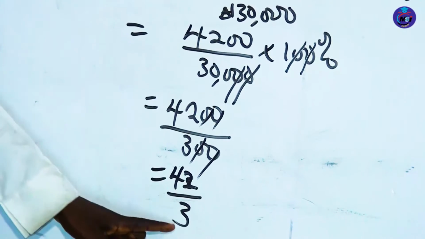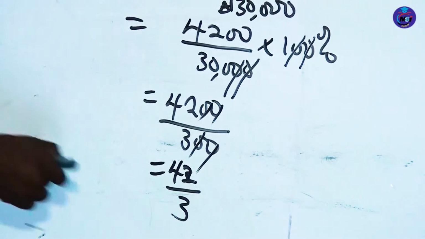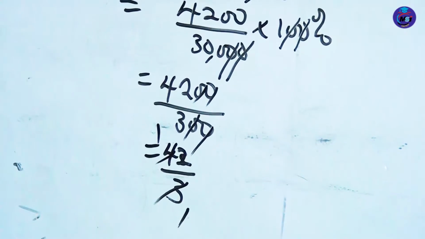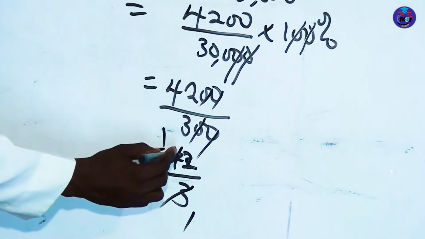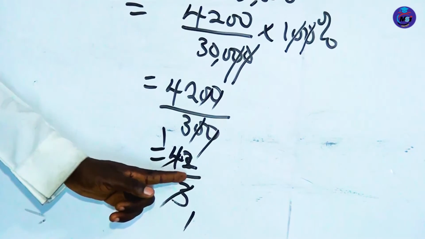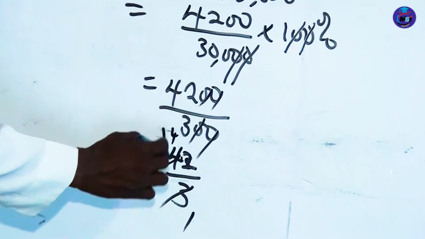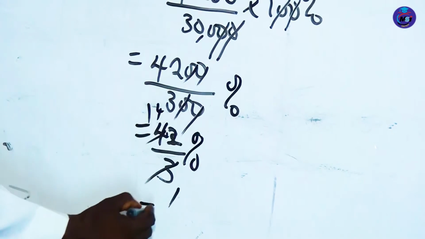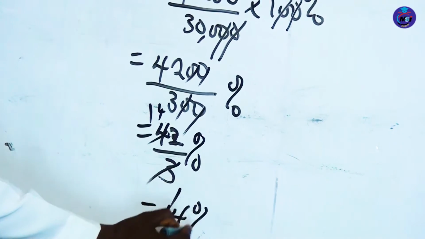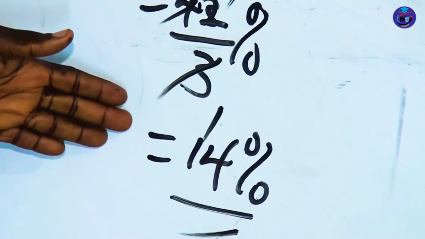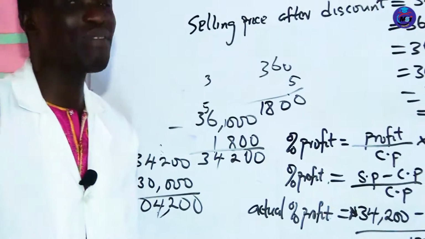By cutting, we are going to have 3 and 3 will give us 1. 3 and 4 will give us 1, remain 1. That one that remain, put it at the front of 2. We are going to have 12. How many 3 can we get in 12? Is 4. So we are going to have 14%. So this will be the actual percentage profit after the discount of 5%.